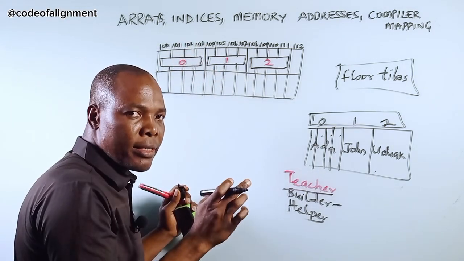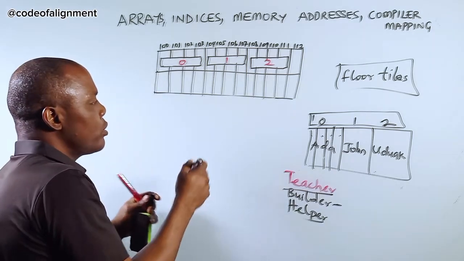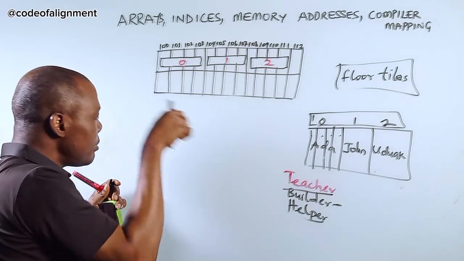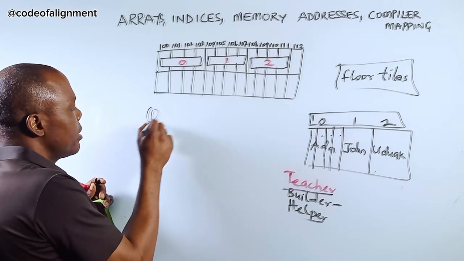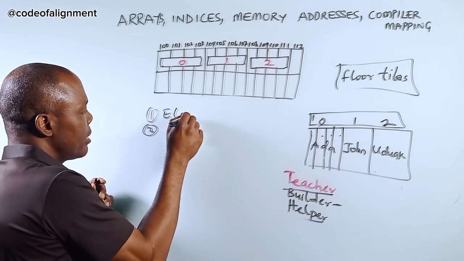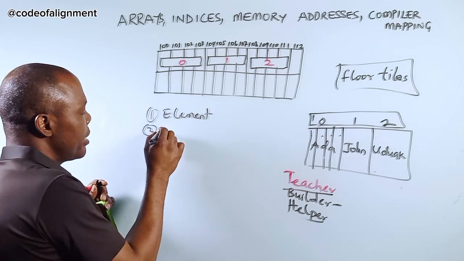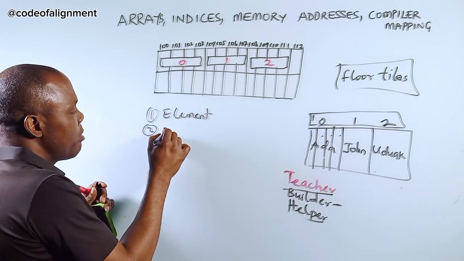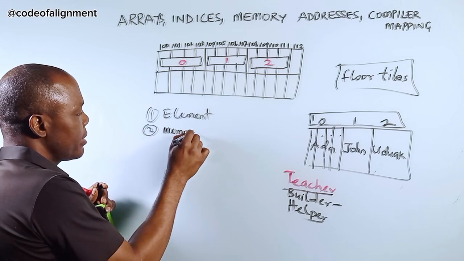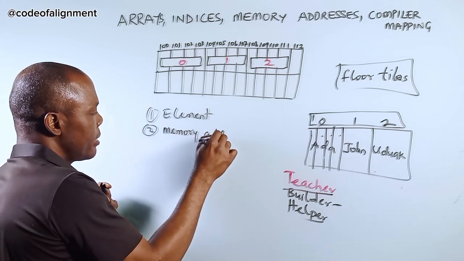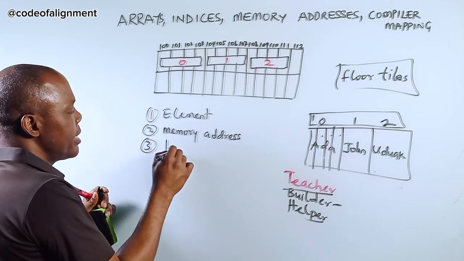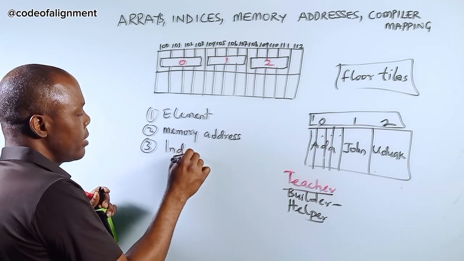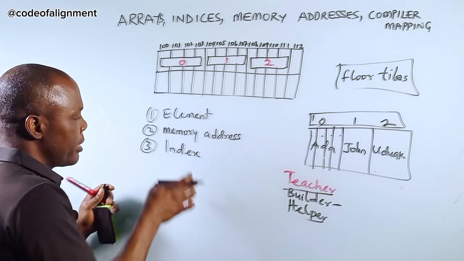So the chair numbers are the ones you refer to as, in my definition, I told you I had element in the definition of array, I had memory address in the definition, and I had the index, or indices for plural.